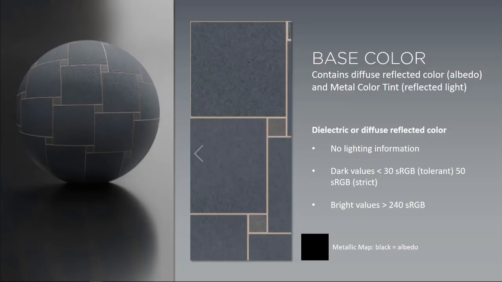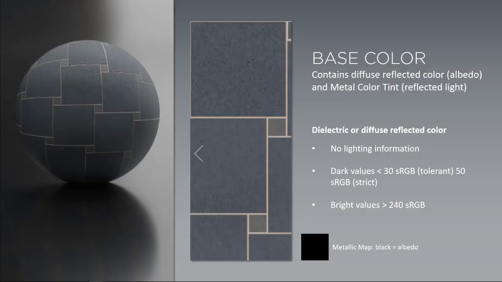Both of these pieces of information are color information, the color that we see. One example for diffuse reflected color, which is albedo: if we take a look at an apple with red skin, the red wavelength is reflected back to us, and that's the color that we see. That's what I mean by diffuse reflected color.